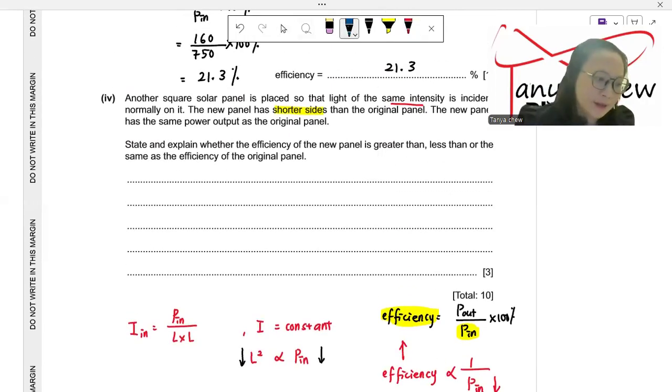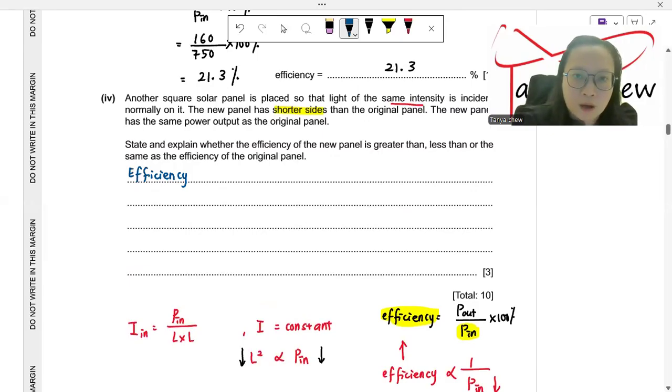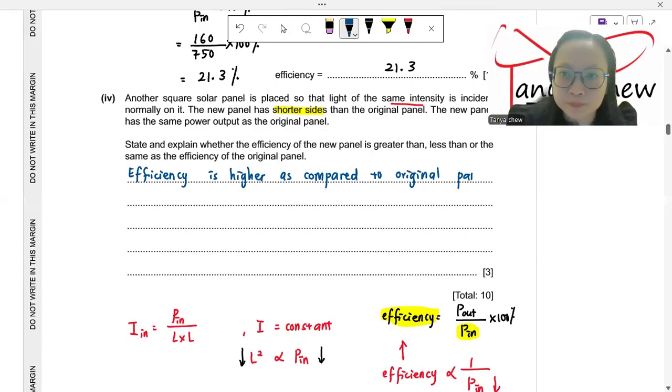Now, I said that I state first. I said efficiency is higher as compared to original panel.